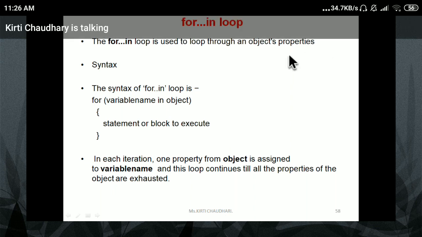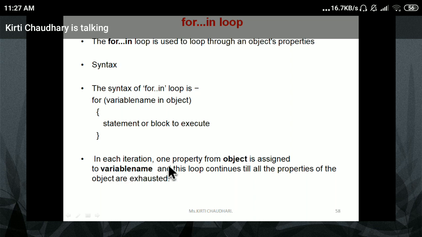Next one is the for in loop. For in loop is used to loop through an object's properties. Syntax: for variable in object. That is for objects basically. Then the statement or block to be executed.